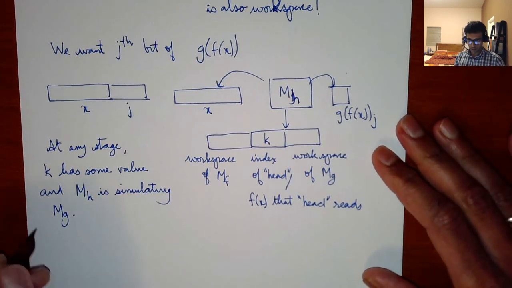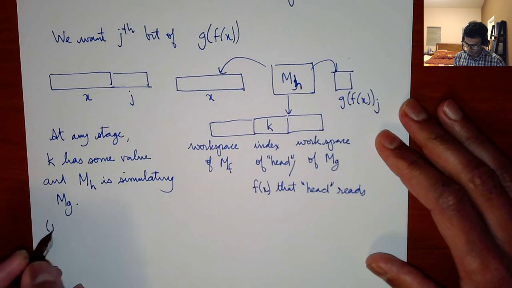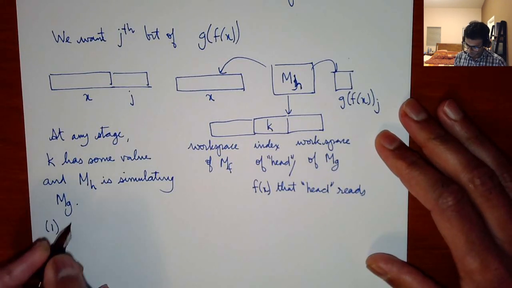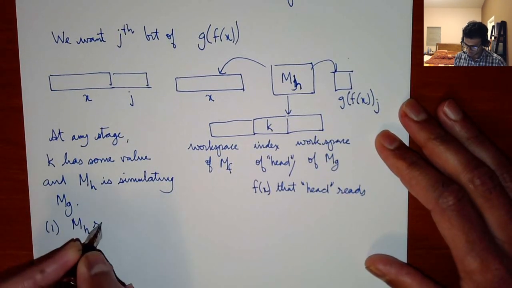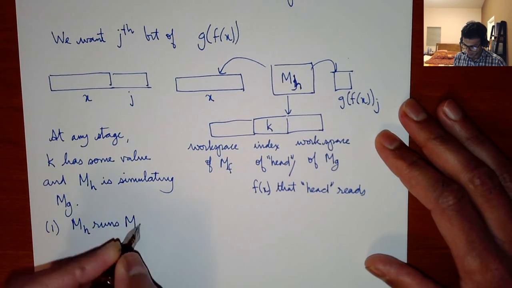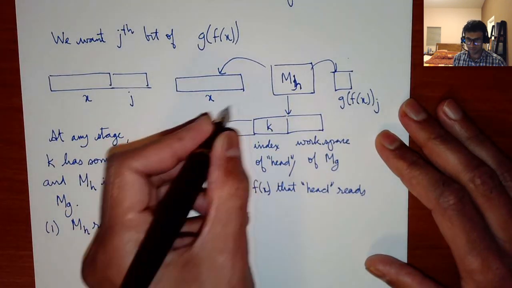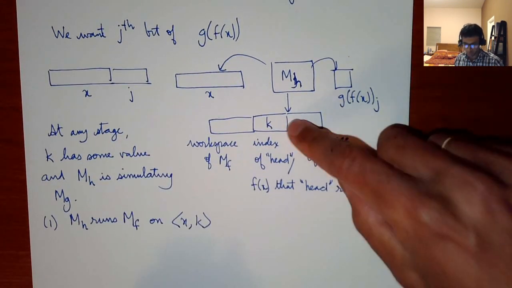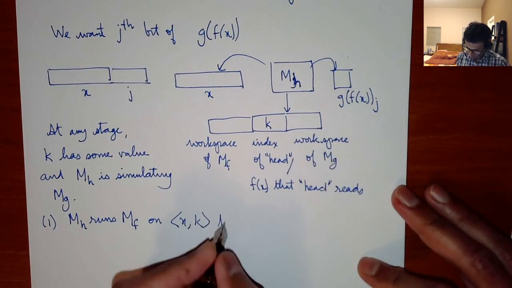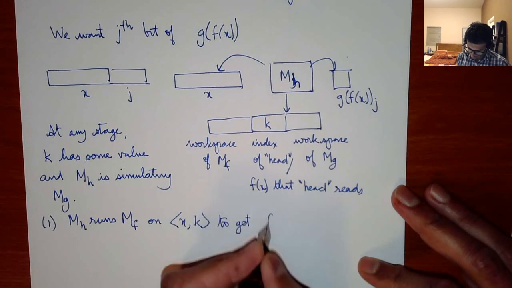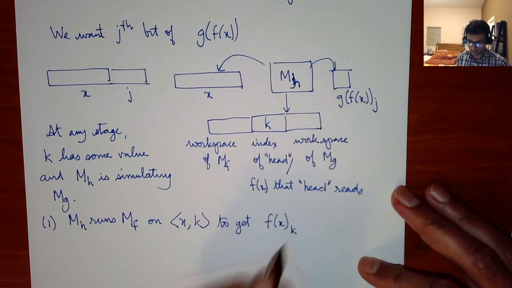So how does a simulation go now? mh runs mf on x and k. So x is part of the input. It knows what k is. It runs it to get f x k.